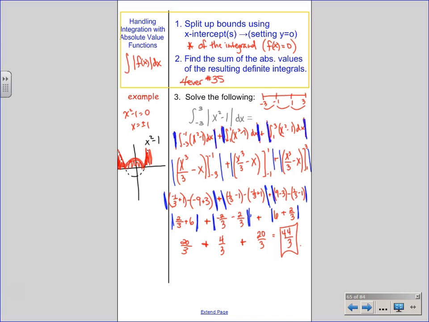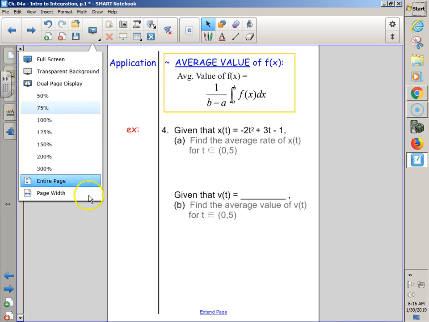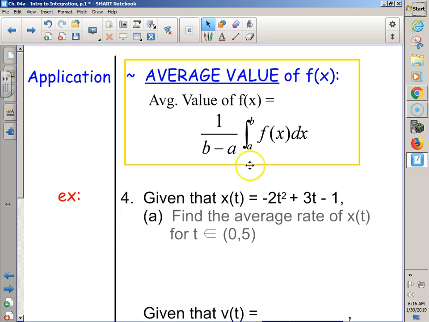However, if you guys were doing homework, you didn't just see absolute values. Didn't you also see something called average value? Ooh, good reading. Average value. I don't know if I can say this is one of the most tricky topics, because it really isn't. Actually, it kind of really is.